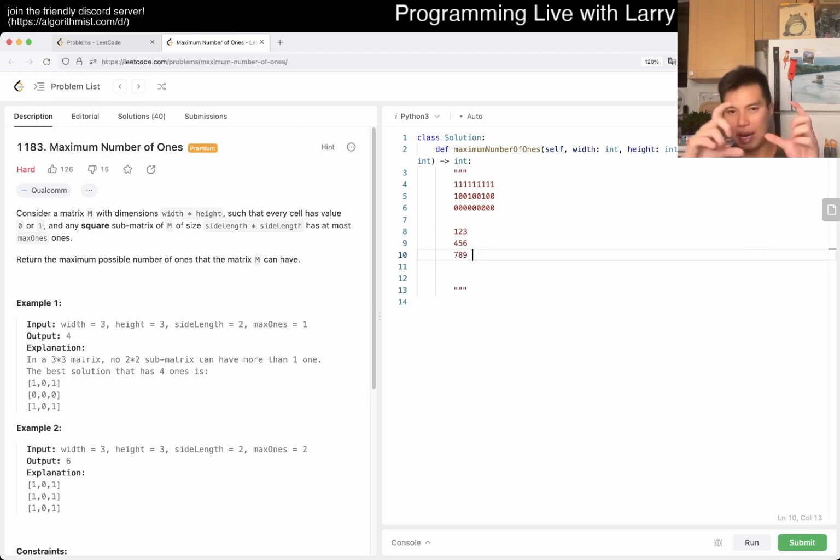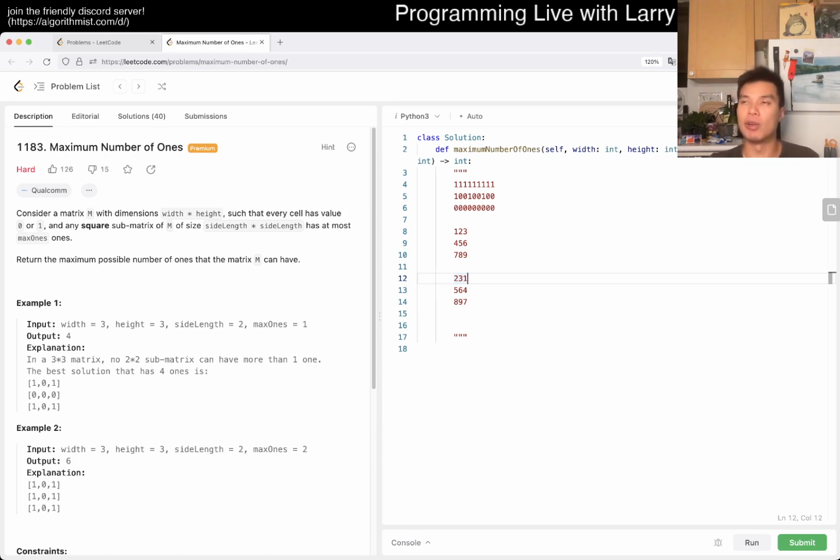If you shift it, it really just goes to 2 3 1, 5 6 4, 8 9 7. So it will always have the same m by m cells, and therefore it will always have exactly the max number of ones. So it will always fit the constraint.